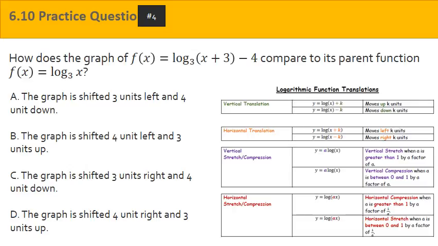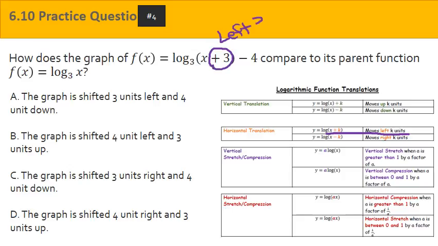All right, on question 4, how does the graph of f of x equals log base 3 of x plus 3 minus 4 compare to its parent function of log base 3 of x? So we have this x plus 3 right here. Look down here at your table. When you're adding a number to the x, it goes left.